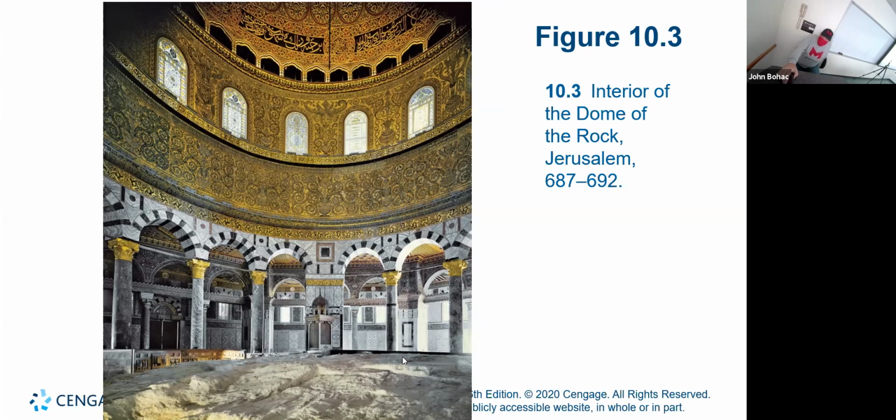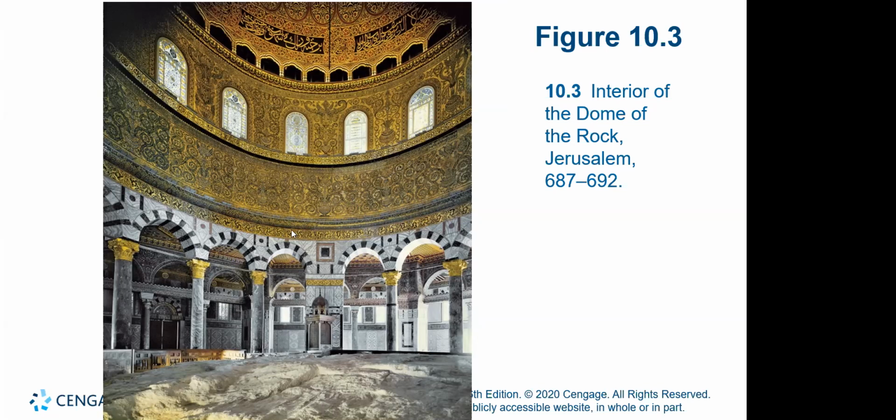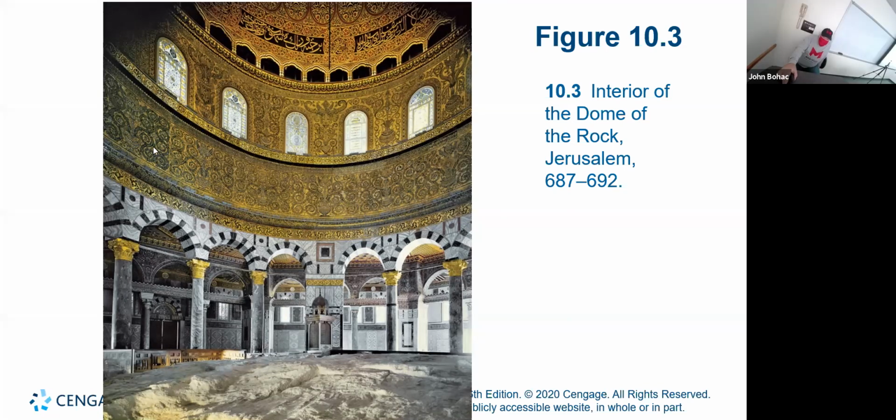Some people are strict adherents to not doing any representation, up to and including no depictions of animals or flora, except for maybe in a holy building, but for the most part, this is exquisite geometric design.